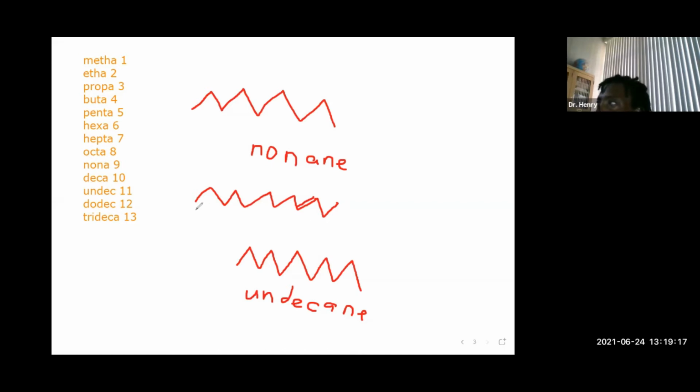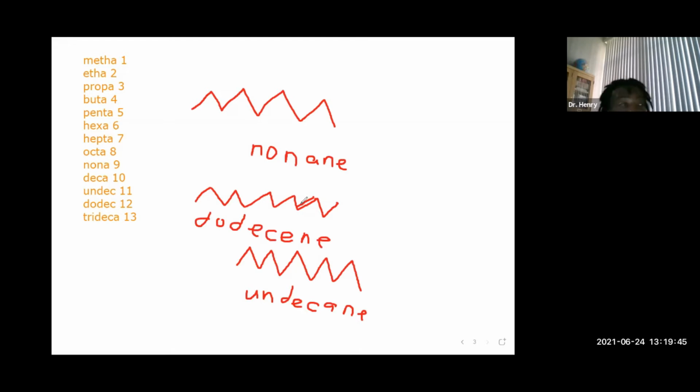It was 12, right? So we have 12 carbons. So a 12 carbon thing is called do. That's right. It's going to be E-N-E at the end. Dodecene. Because there's a double bond there, it makes it dodecene. You're letting me know that there's a double bond.